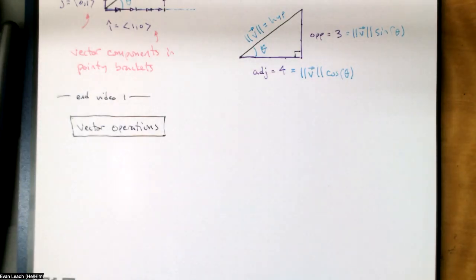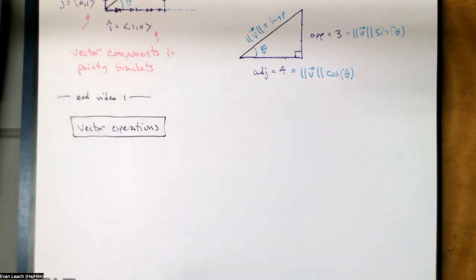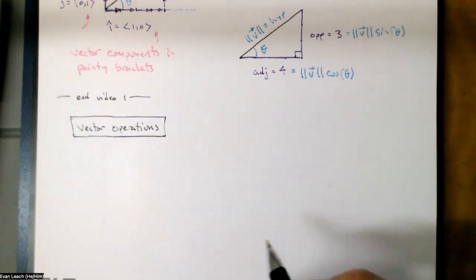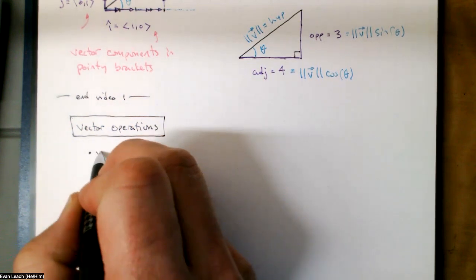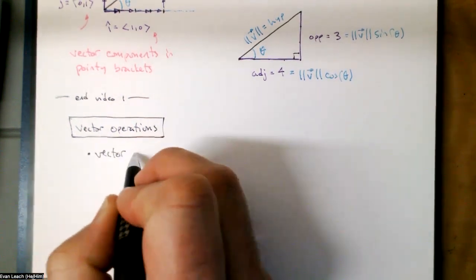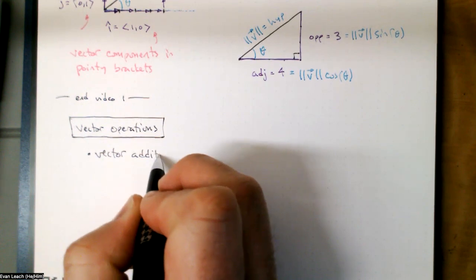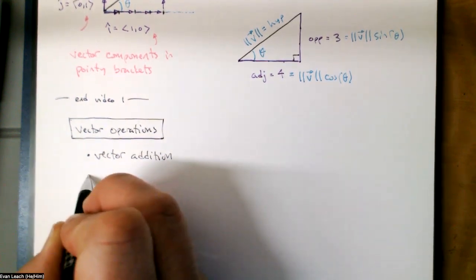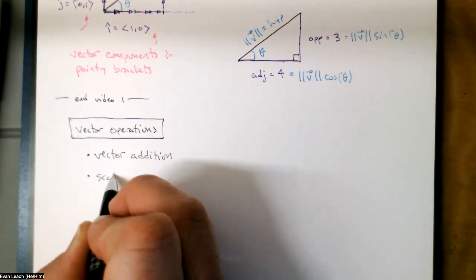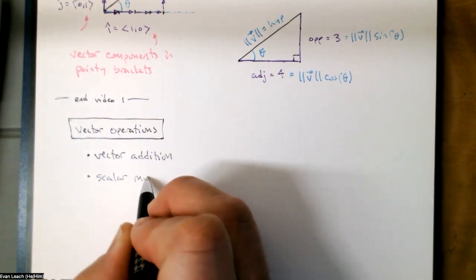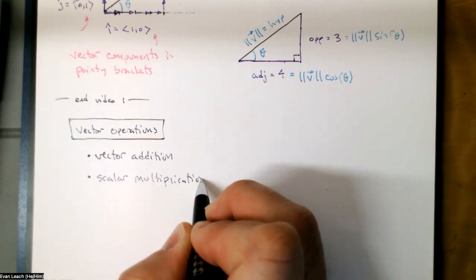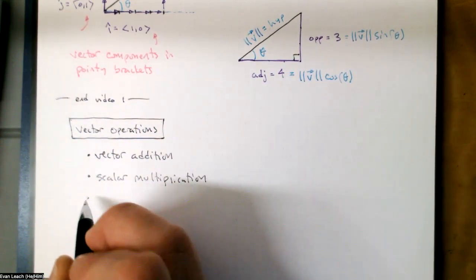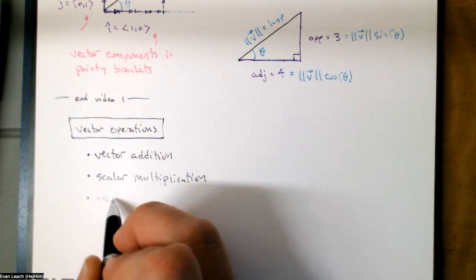Let's talk about some vector operations, some ways that we can combine vectors into new things. The vector operations that we need to be aware of are vector addition, scalar multiplication, and then we'll have vector multiplication.